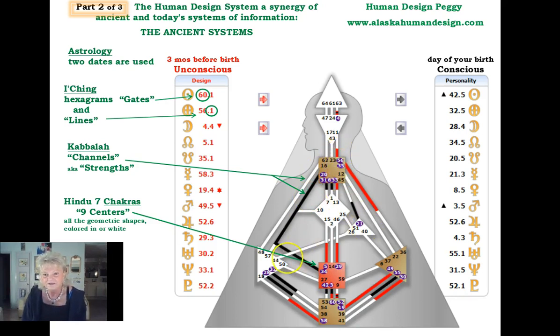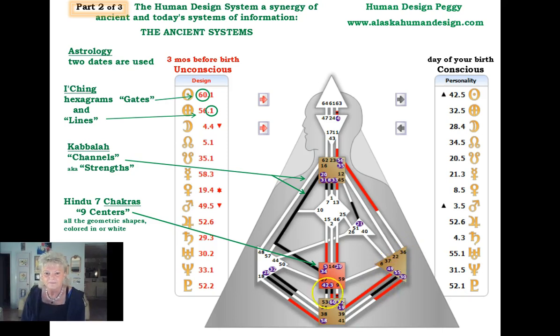And when 2 gates at either end of a channel are defined, then that opens the gates up and energy flows between the centers. And so that's how you get that brown square and that red square defined or colored in, because of those gates at either end of the channel. You have the same thing going on down here with the 19 and with the 49. Now that is unconscious. And so once again, those gates opened up, energy could flow between the 2, and that is how these are colored brown or defined.